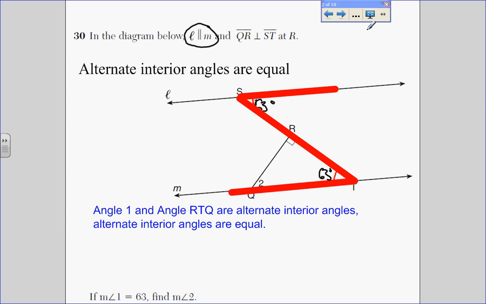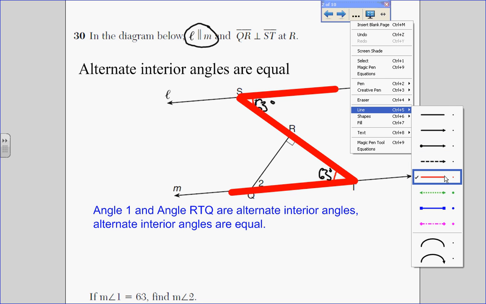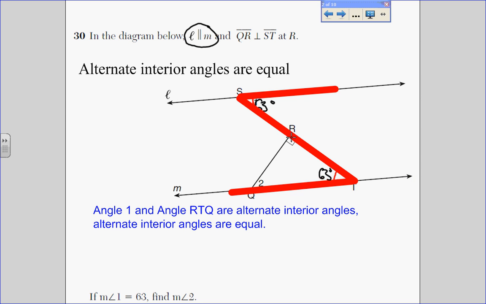Now you should be able to see that you have a triangle that's formed here, right over here. Do you see it? Angle 2 plus angle QRT and angle RTQ are supposed to add up to 180 because the triangle is formed right over here.